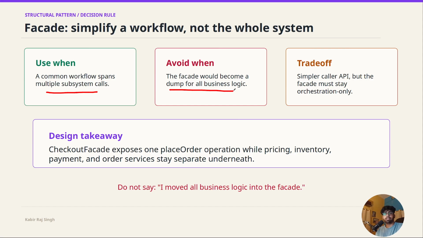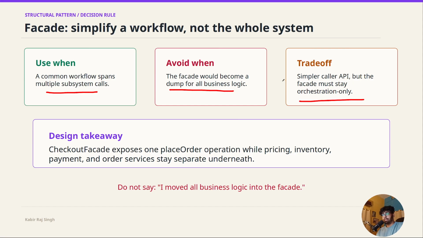A bad Facade is basically when you might have a lot of different broken logic, and then you name it one big class, and you call it, and you say that the design is improved. Do not make that big bad renamed god class. So just expose a small number of stable operations and delegate the real rules to the components.